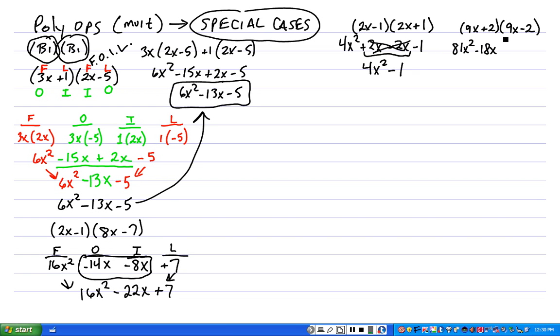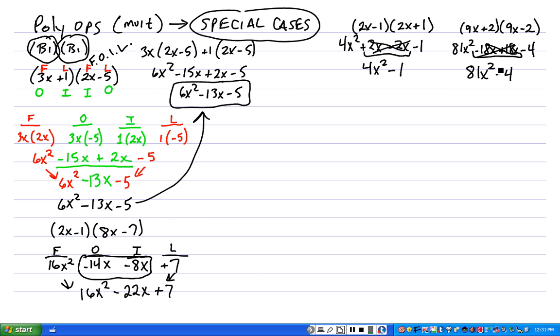Inside, plus 18x. Last and last, minus 4. Outside and inside, these are like terms. You notice a negative 18 and a positive 18, they cancel. So you just have 81x squared minus 4.